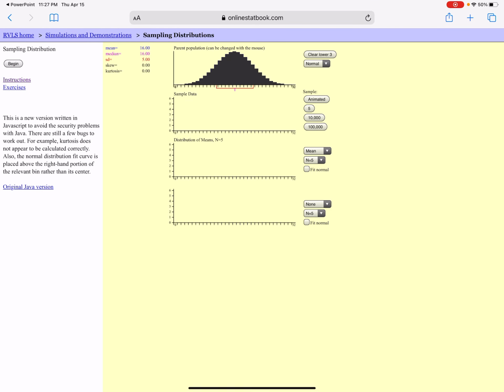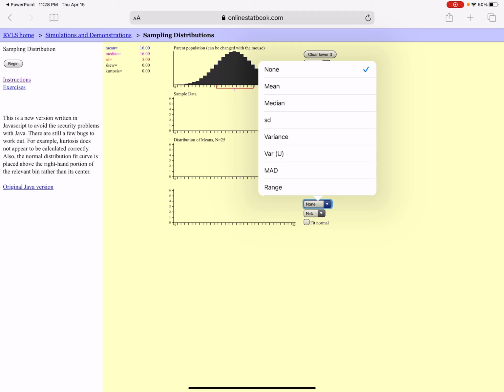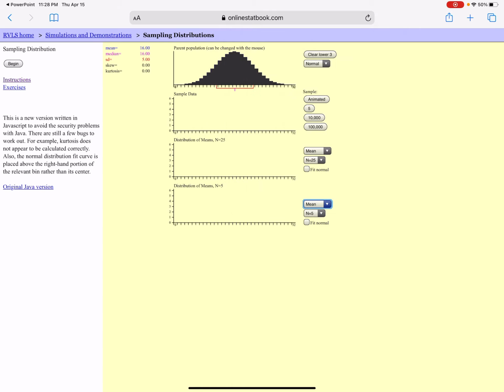So this is what the applet looks like. The top graph gives the population distribution. So you can see here that the population distribution is normal with a mean of 16 and a standard deviation of 5. I want to look at what happens when we look at a sampling distribution of means when the sample size is 25, and also for the mean when the sample size is 5.